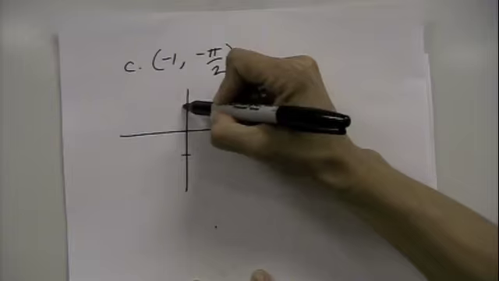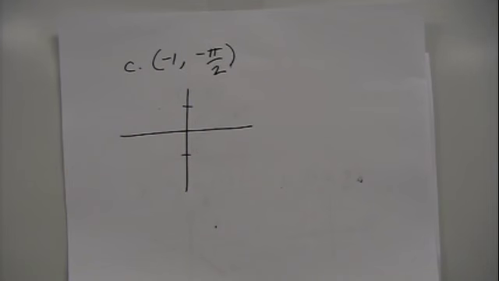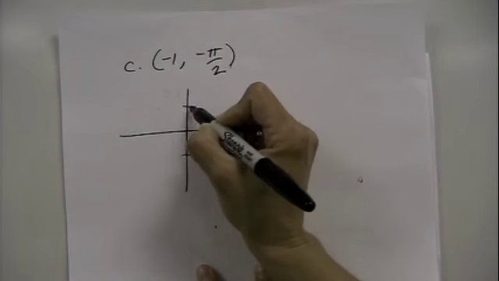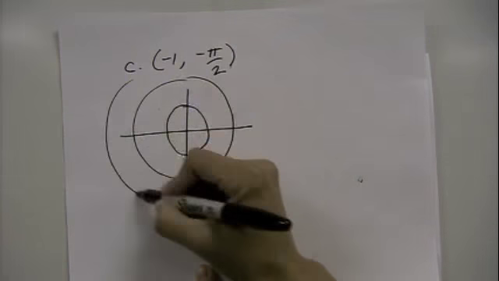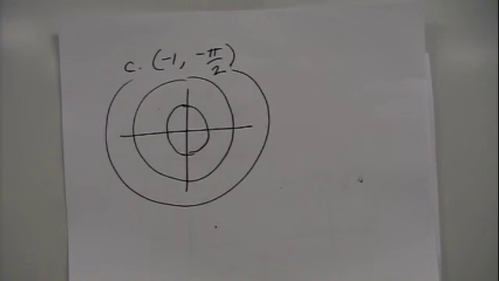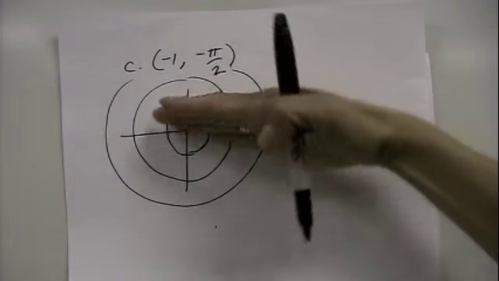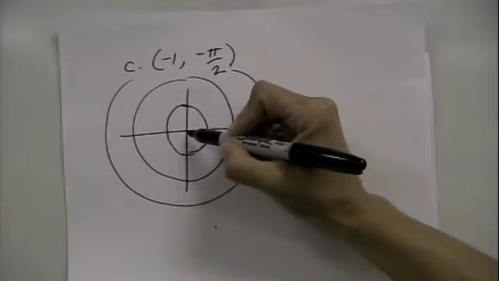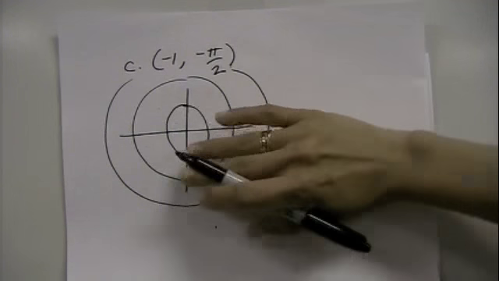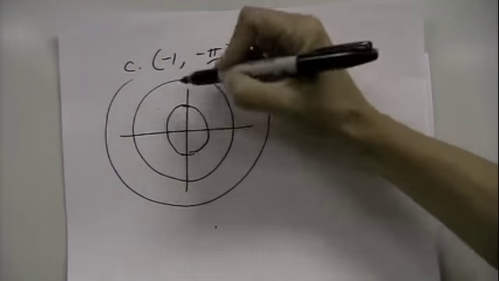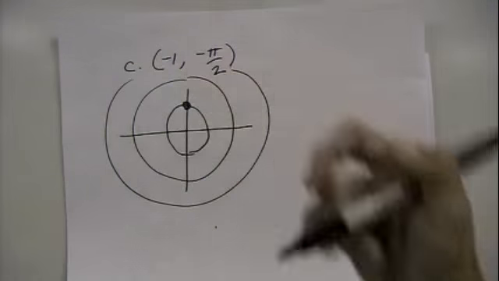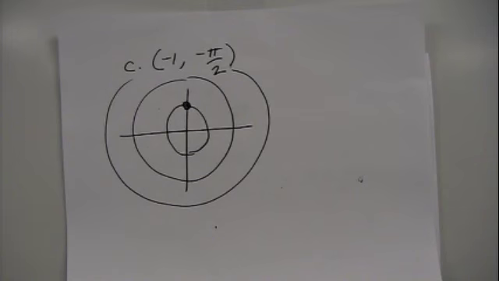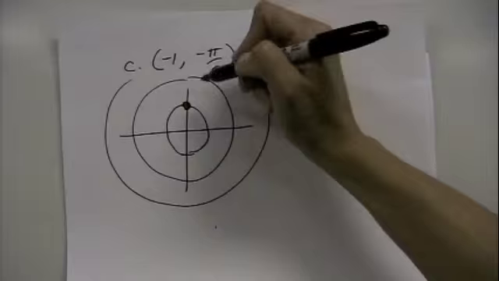So again, if there were units on this, I want to point out sometimes you'll see pictures where they will have circles going out in this direction. And so if that was the case, again, -pi over 2 rotates down. And then again, we would come out 1, but because it's a -1, it's actually going to reflect it up in the opposite direction, which puts us at that point right there. Because we're going out 1 unit, or like, if you kind of want to think of it as a radius of 1. So that gets us to plotting point C.